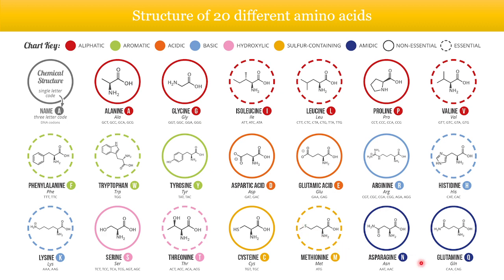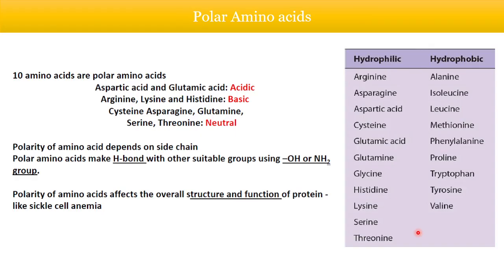Then we have asparagine and glutamine, which have amidic side chains. So here we have glutamic and aspartic acid, and when the OH is substituted by an NH2, we get asparagine and glutamine for their respective amino acids. So this is the entire structure of the 20 amino acids which we need to keep in mind.